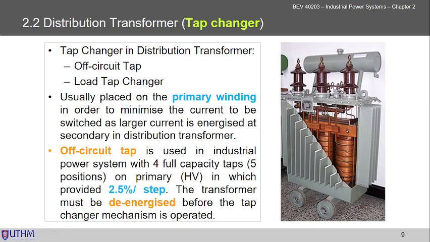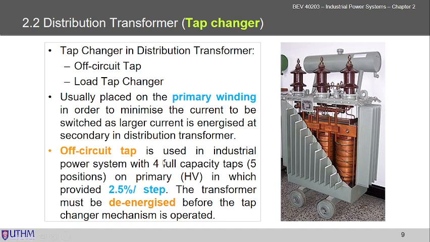When it switches, let's say from step 1 to step 2, there is a spike, and when your current is higher, the spike is also higher. So we need to avoid this unwanted phenomenon. The most important thing is to reduce the spikes or surge currents due to these switching operations.